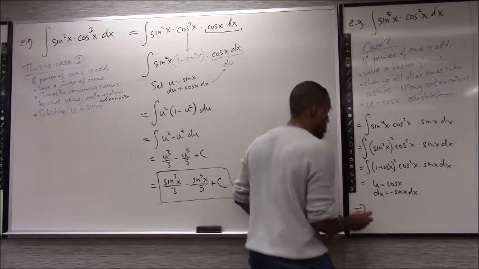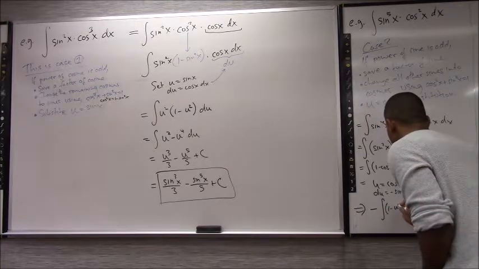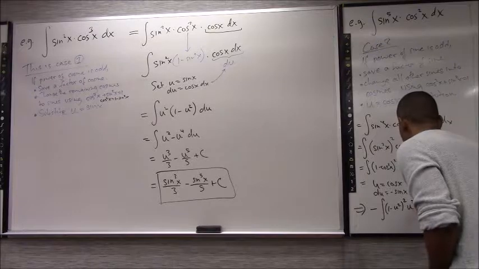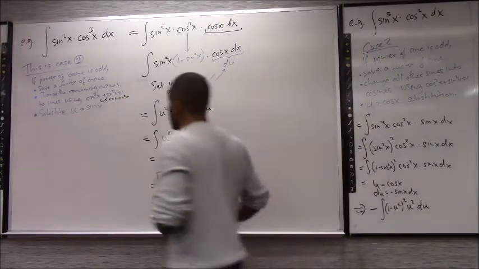And so I end up with the integral of negative 1 minus u squared squared times u squared du. It takes a little bit of work to expand, but it's not a big deal.